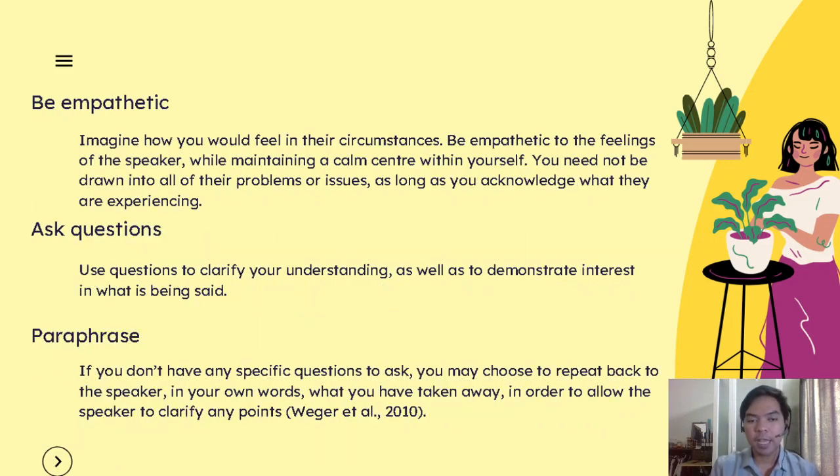Next, we have be empathetic, and I think this is a normal thing that everyone should have. Be empathetic. Imagine yourself in that person's shoes.